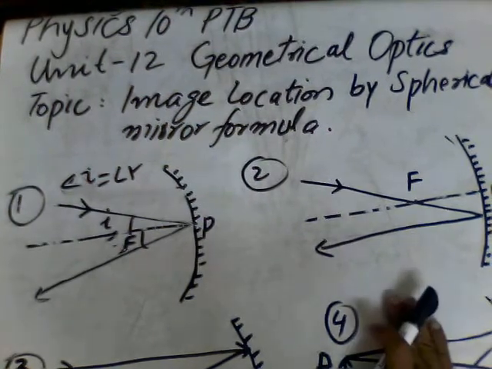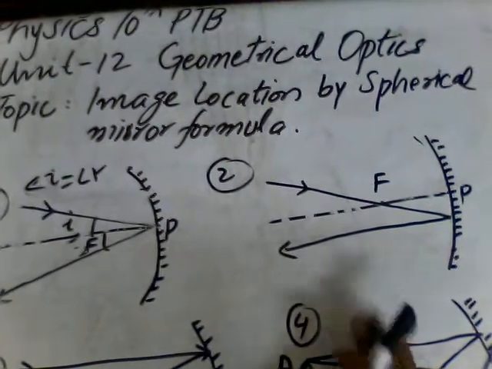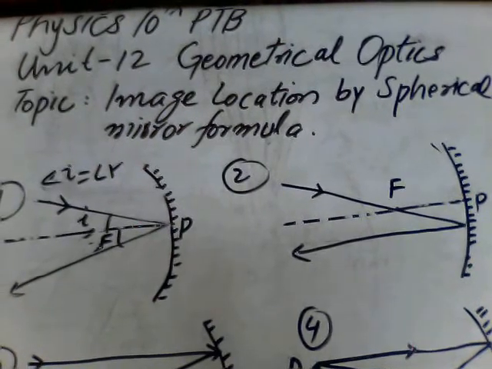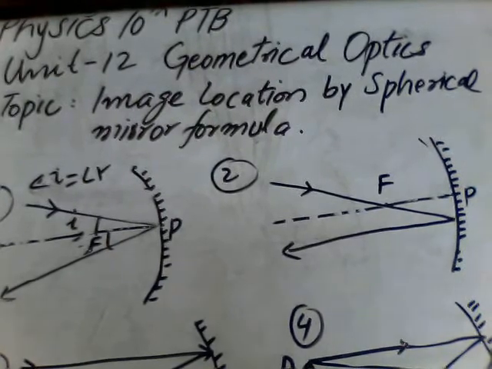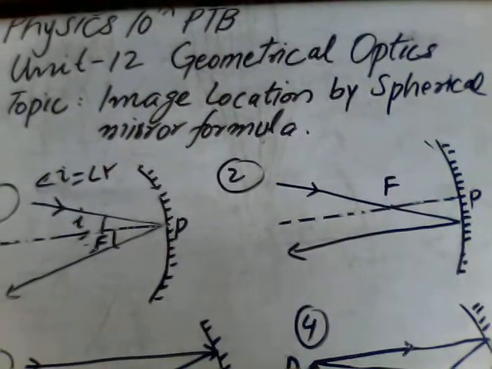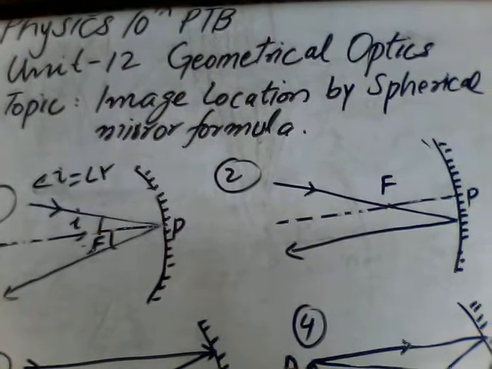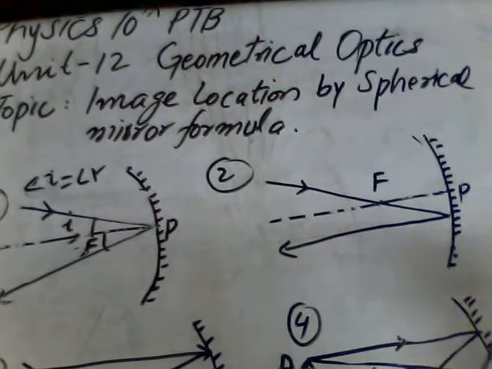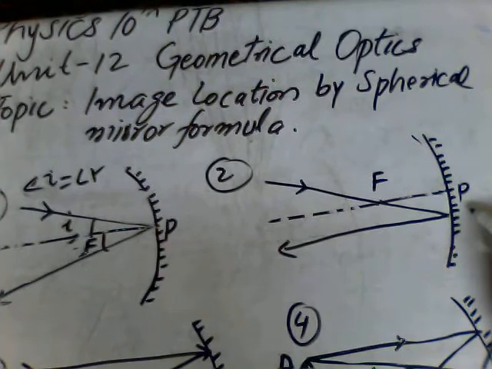In the second case, one light ray is shown. It passes through the principal focus and hits the mirror at any point.